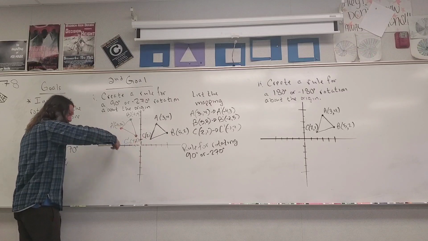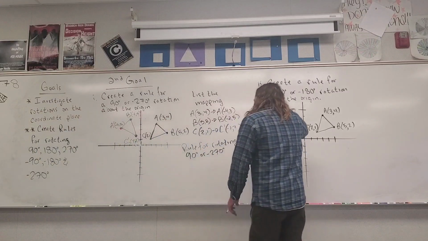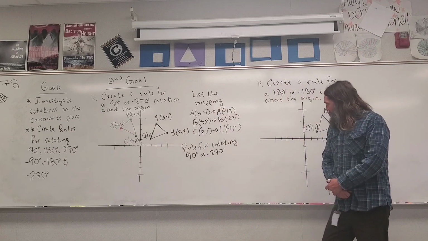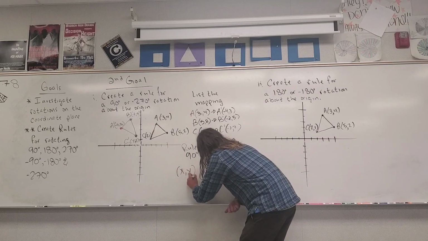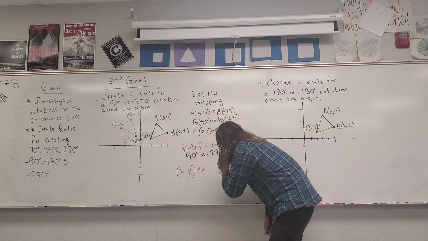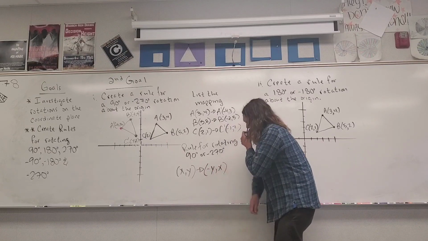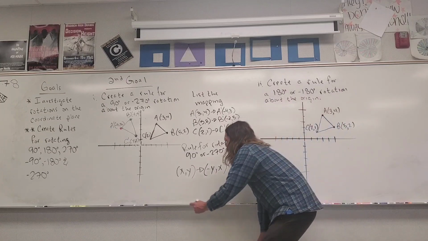That's why it's negative 270, or 1 quadrant in the counterclockwise. So the rule for rotating 90 degrees or negative 270 degrees is going to be (x, y) maps to (-y, x). So the order switches and the y changes signs.